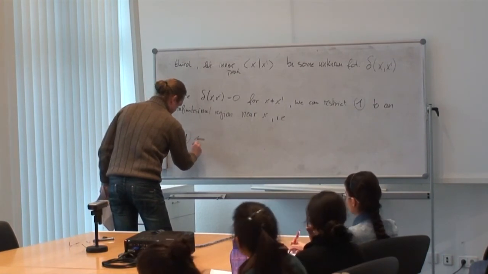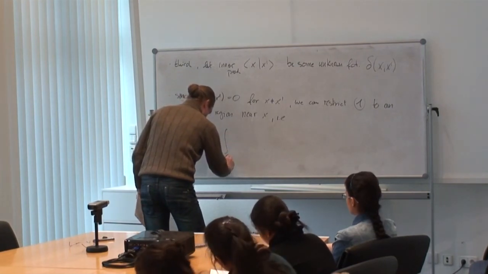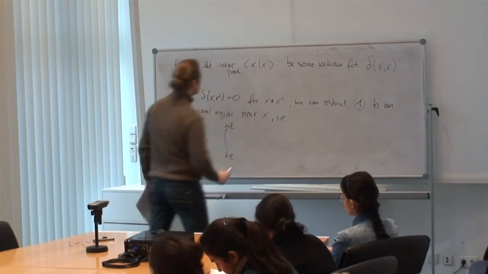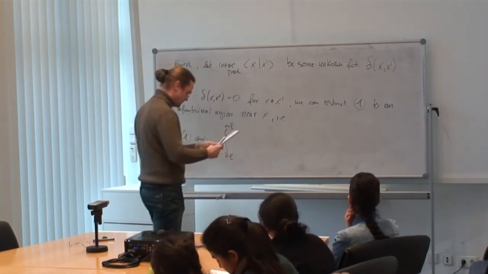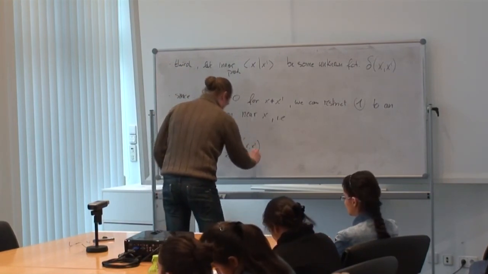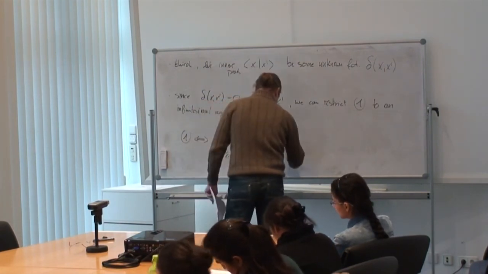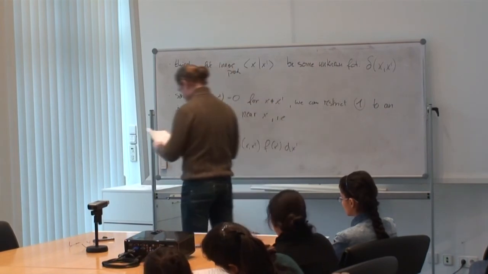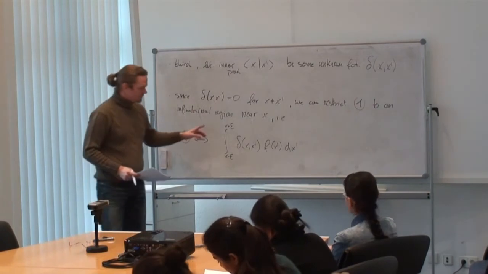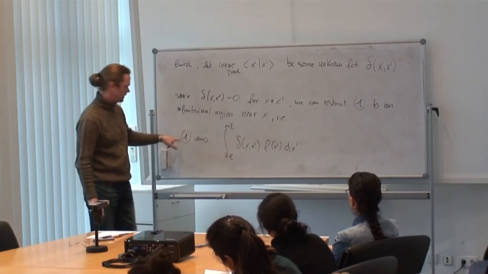This equation 1 can also be written as the integral from x minus epsilon to x plus epsilon. And instead of this here, I will now introduce this new function delta x x prime. And here we have f of x prime, and all of this has to be integrated with respect to x prime.